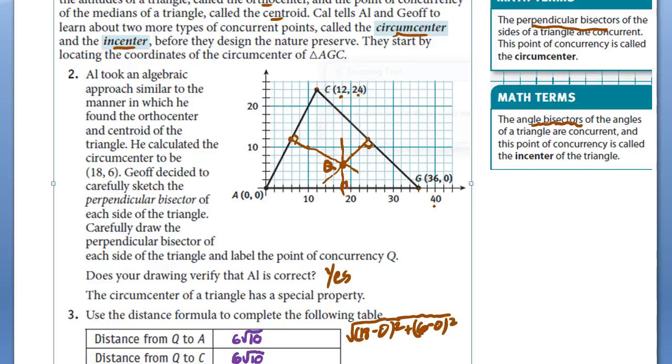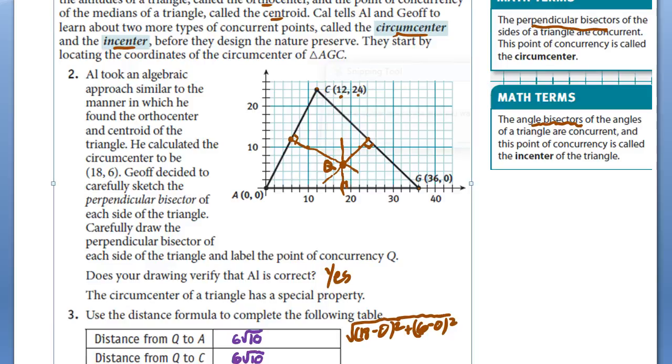To help us do that, we're going to use the circumcenter, point Q, as the center of the circle. If we were to take a compass and set the distance from Q to any one of those vertices, and then turn the compass around in a circle, that would draw the circumscribed circle around that triangle.